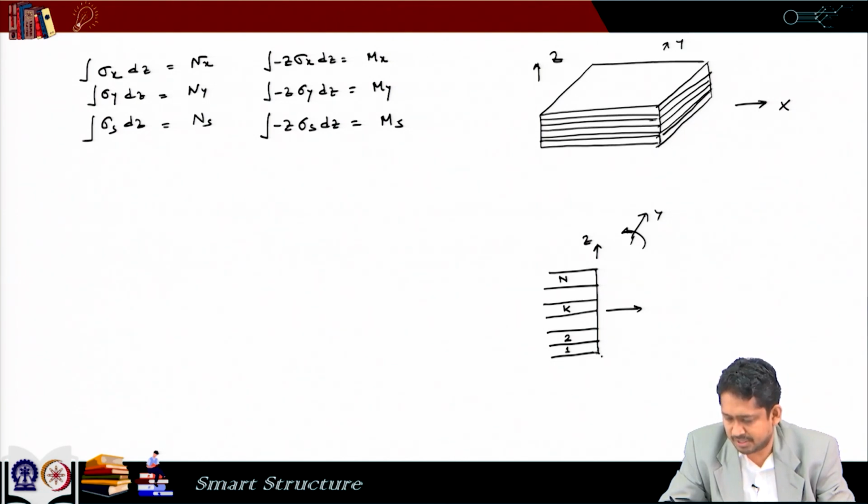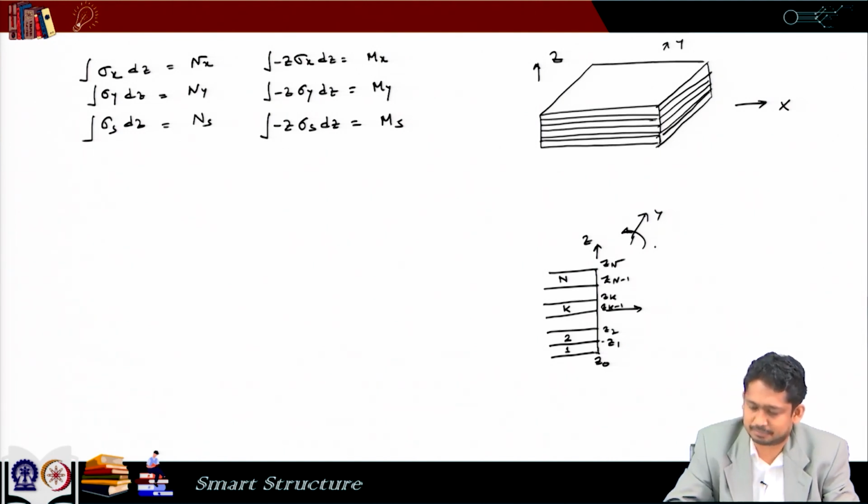So, the z coordinate of this point we call z0, the z coordinate of this point we call z1, z2, and this is the kth layer. So, here we have zk minus 1, here we have zk, here we have zn minus 1, here we have zn. So, we can say that the z coordinate of the junction between the k minus 1 and kth layer is zk minus 1, and the z coordinate of the junction between the kth and the k plus 1th layer is zk.